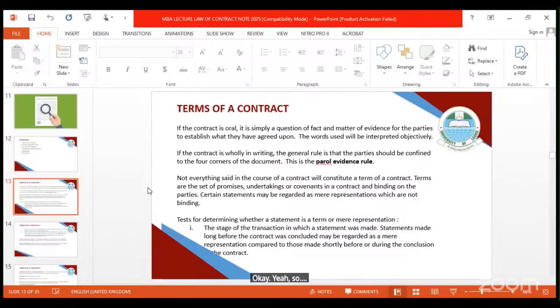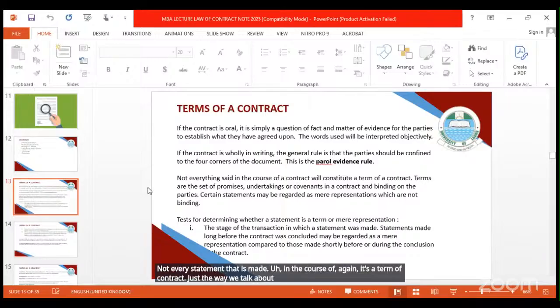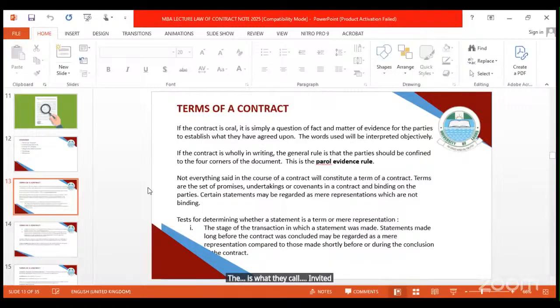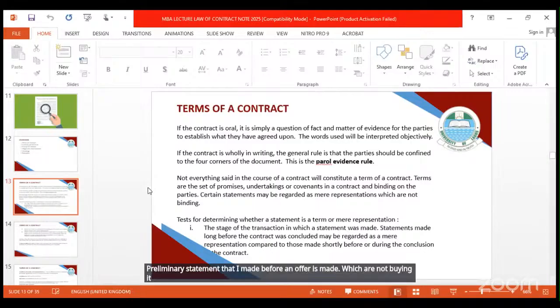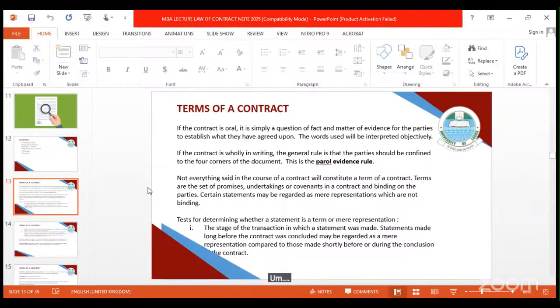This is important because not every statement that is made in the course of negotiation is a term of contract. Just the way we talk about invitation to treat, those preliminary statements that are made before an offer is made, which are not binding. The same thing applies when one is trying to understand what is a term of contract.